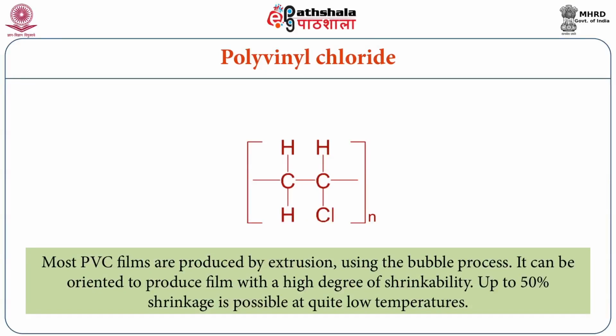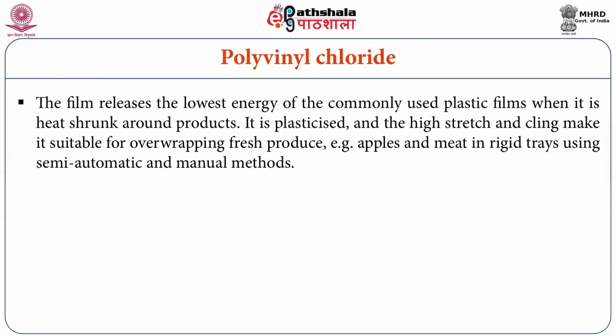Most PVC films are produced by extrusion using the bubble process and it can be oriented to produce film with a high degree of shrinkability. Up to 50% shrinkage is possible at quite low temperatures and the film releases the low energy of the commonly used plastic films when it is heat shrunk around products.